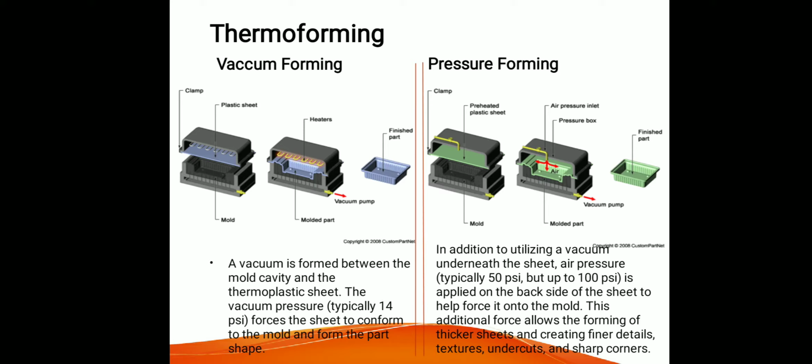The air pressure is applied from the top of the plastic sheet, and the sheet is pushed down into the mold cavity. And after cooling and solidification, we can get our finished product.